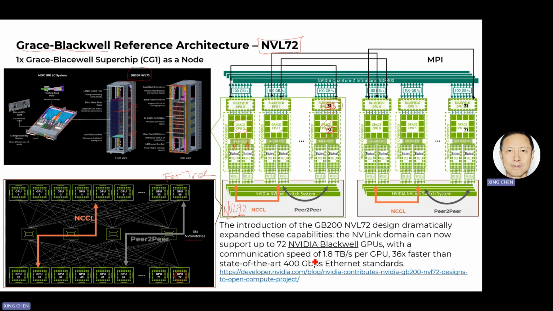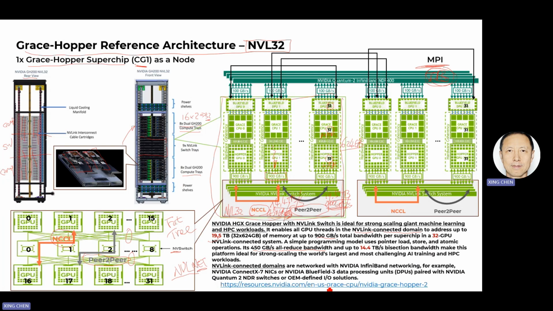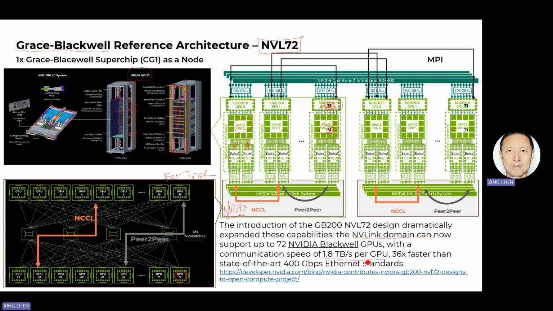The number here is that the NVLink domain supports up to 72 Nvidia Blackwell GPUs with a communication speed of 1.8 terabytes per second per GPU. If you remember in the previous slide, we noted 900 gigabytes per second, and it has been increased to 1.8 terabytes per second per GPU.